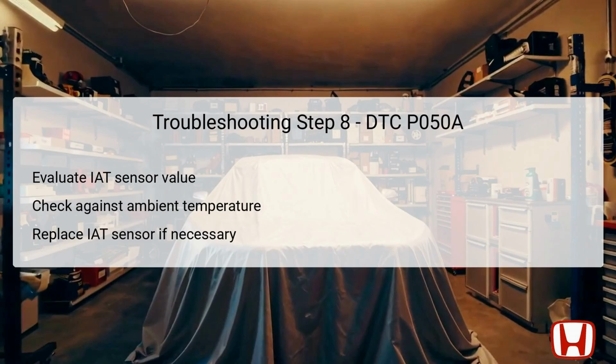The difference between the IAT sensor value and ambient temperature should be less than 5.4 degrees Fahrenheit, 3 degrees Celsius. If the difference exceeds this threshold, it indicates a malfunctioning IAT sensor, which must be replaced. Conversely, if the values align appropriately, the IAT sensor is in good condition.